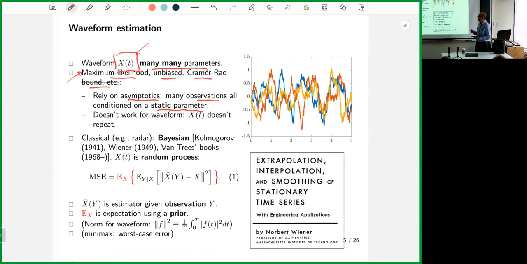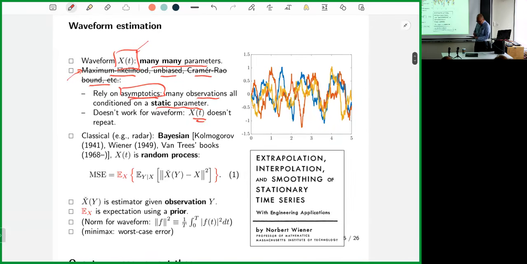But when you're doing waveform estimation, it doesn't work anymore. It is changing in time all the time. And also the waveform doesn't repeat itself. Well, okay, there's some gravitational wave coming in. You cannot expect the exact same gravitational wave to come in again and again. And so the asymptotics just doesn't work anymore.